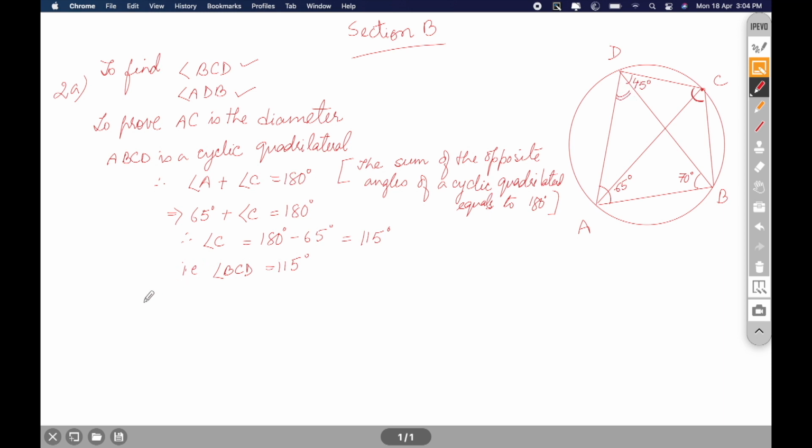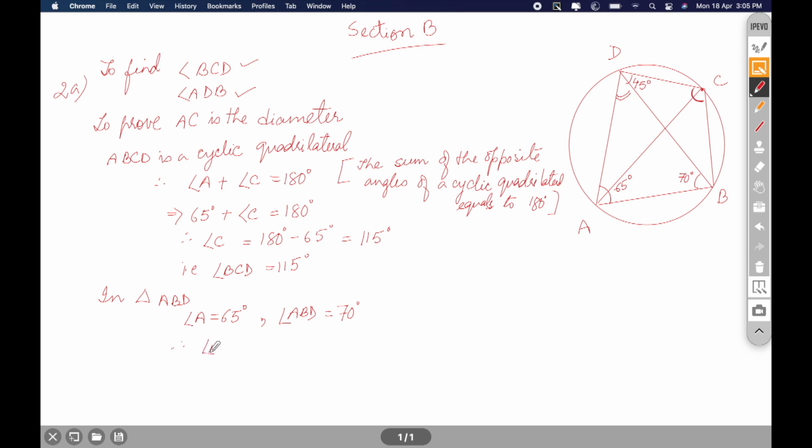Now if you look at triangle ABD, we already have two angles known here, that is angle A equals 65 degree and angle ABD equals 70 degree. So the sum of all angles of a triangle equals 180 degree.